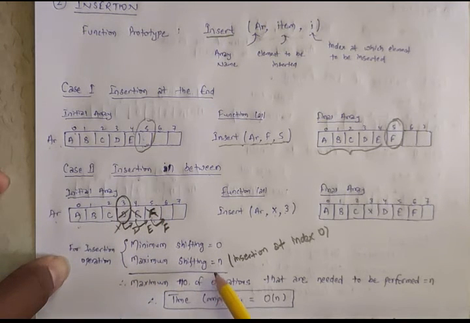So n shifting would be done. So when we are talking about the maximum number of operations that need to be performed, it's n. So time complexity equals order of n.